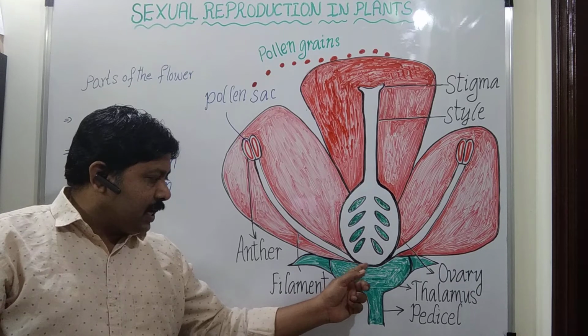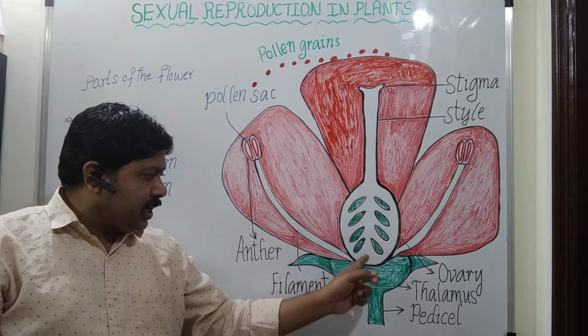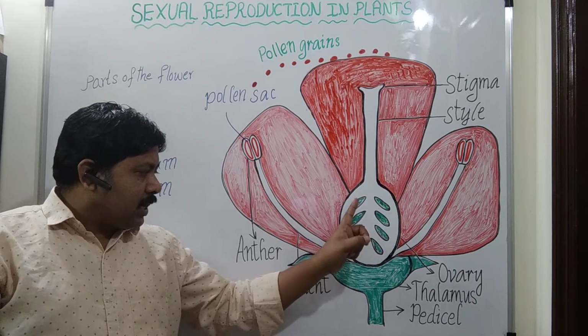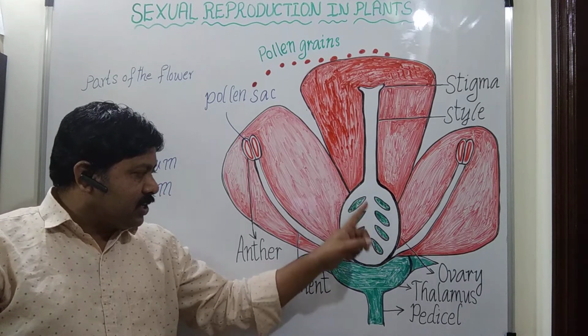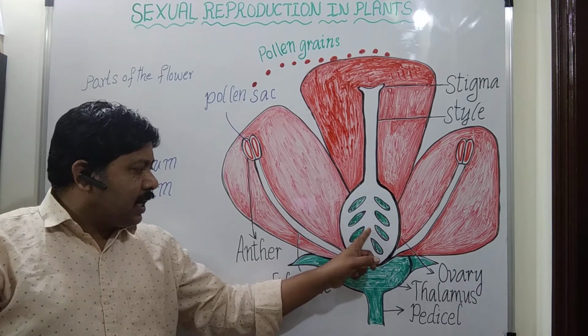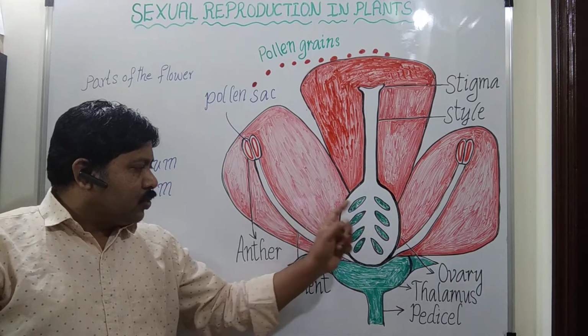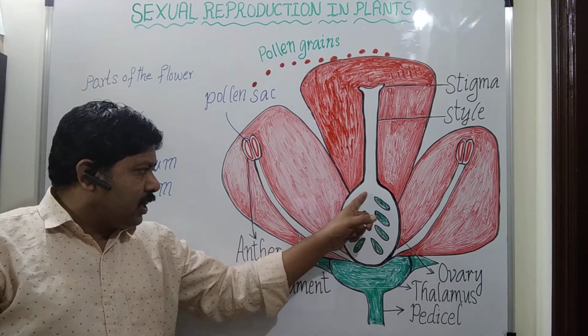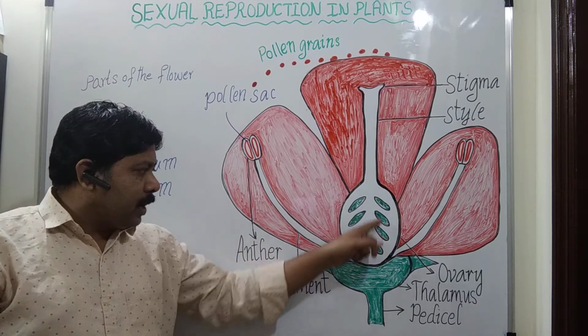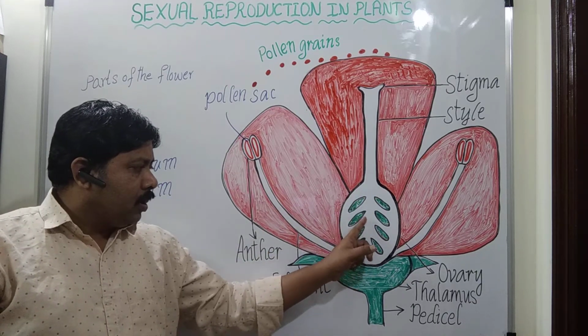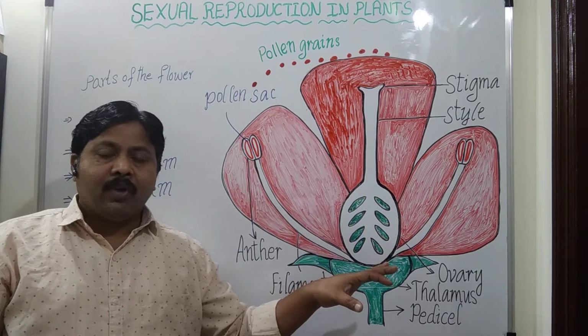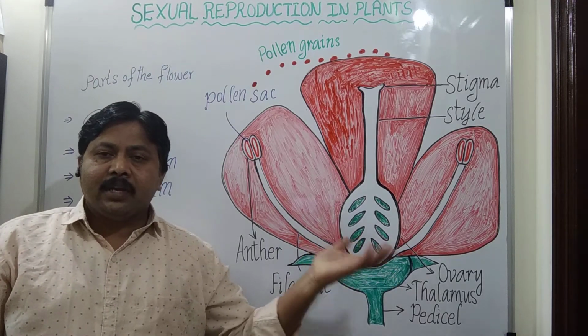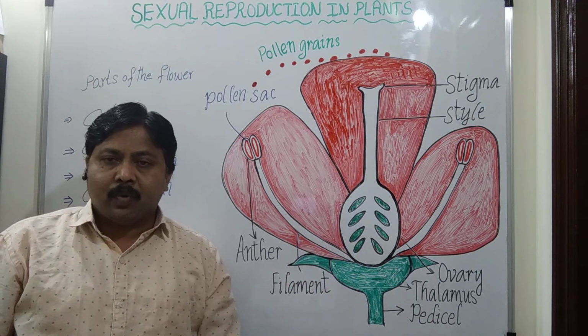Inside the ovary are the ovules, and the fertilization process also takes place in the ovary. After fertilization, the embryo forms inside. What fertilization is, I will explain in the next video.